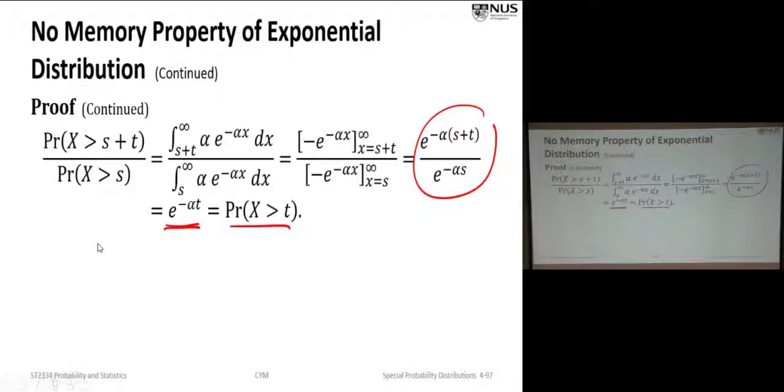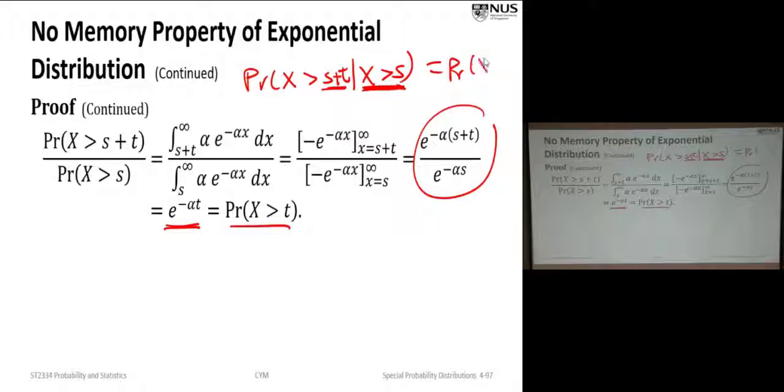So I already survived, I already waited for s minutes, so what's the chance I wait an additional t minutes? It's the same as, forget about you waited for s minutes. It's the same as you wait for another t minutes. So that's what the whole theorem says. All right?